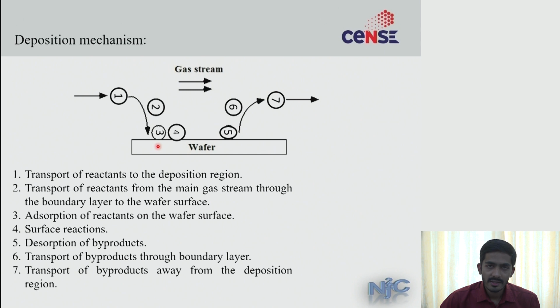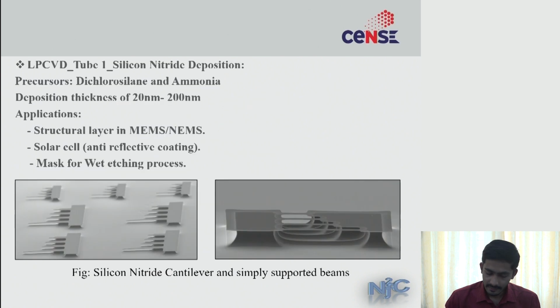Once adsorption is done, the reactant will either decompose or have a chemical reaction, after which it will form the respective material. Once this material is formed, the byproducts generated as part of this process desorb from the surface and are carried out in the exhaust stream. So this is how deposition happens.